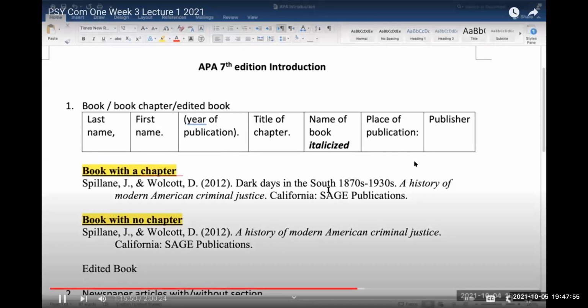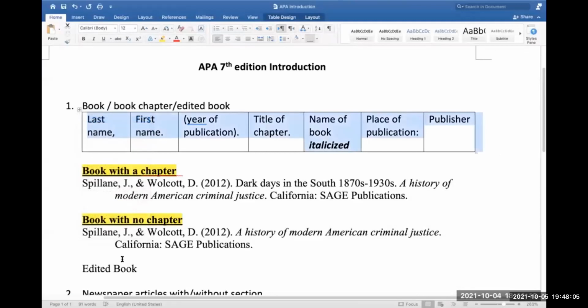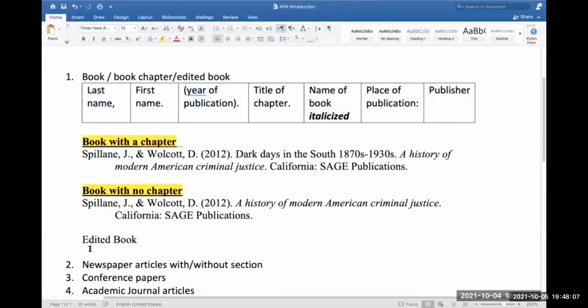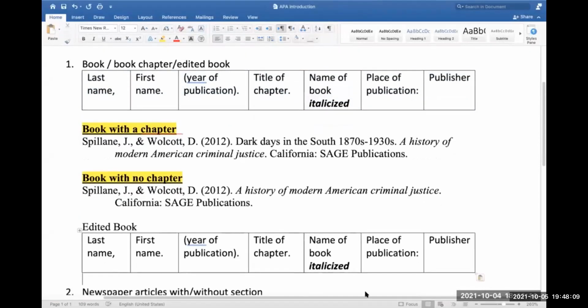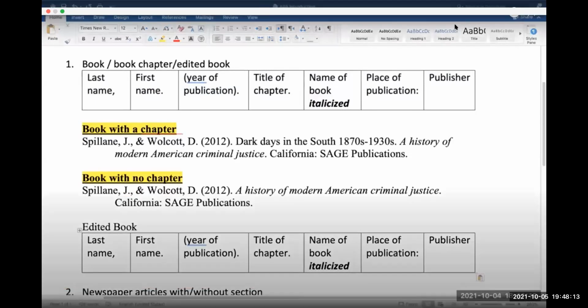The edited book one now is a little bit different. And I'm going to redo the box. Let me redo the box and put it here. All right, so let me remind myself about the book with book chapter because it's a little bit different.